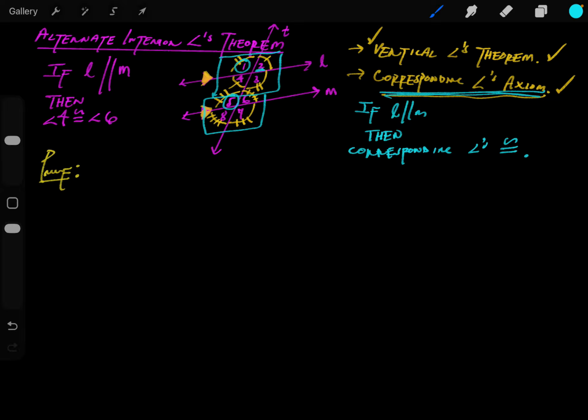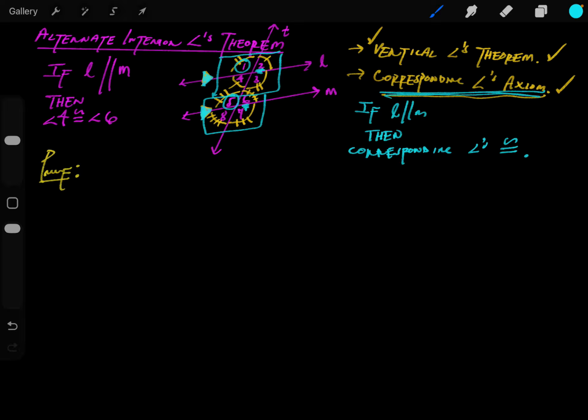Similarly, 2 corresponds with 6, so 2 is the same as 6. But 2 is the same as 4. So what do you have? You have that 6 is the same as 4, and we've proven the theorem and we're done. Again, 2 corresponds with 6 because they're both in the top right positions, and since the lines are parallel, all the corresponding angles are congruent.